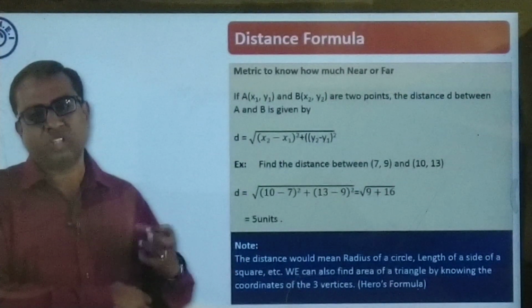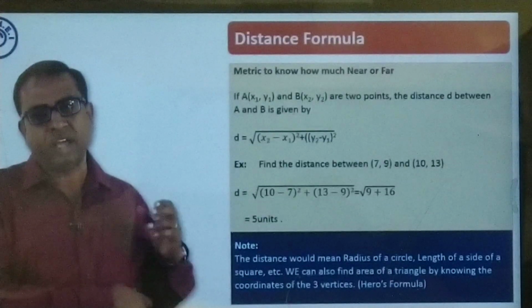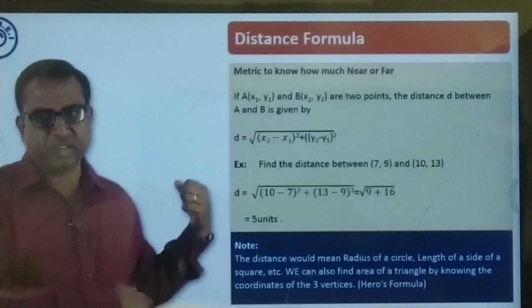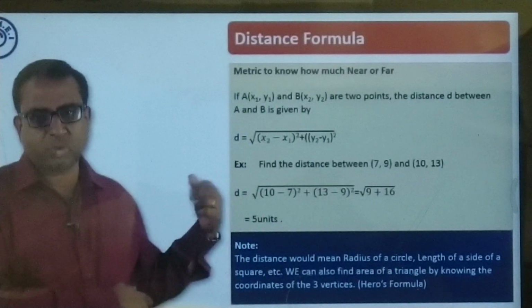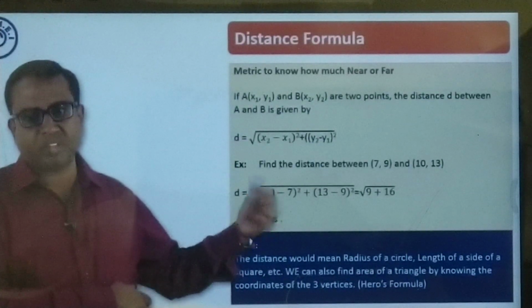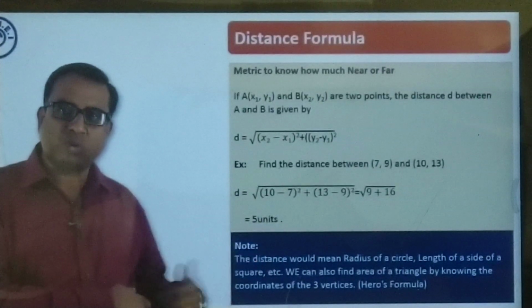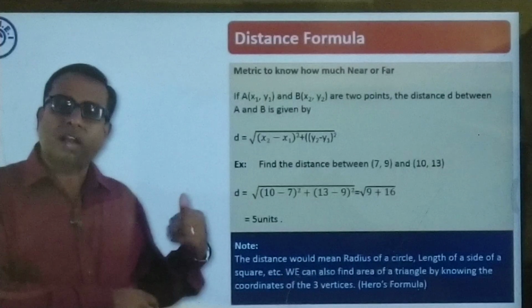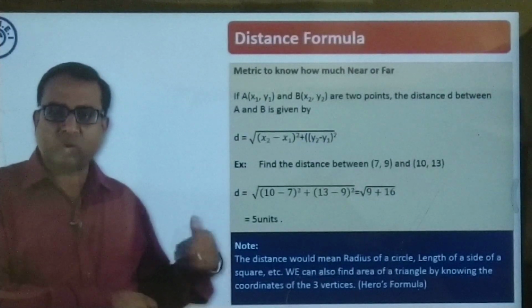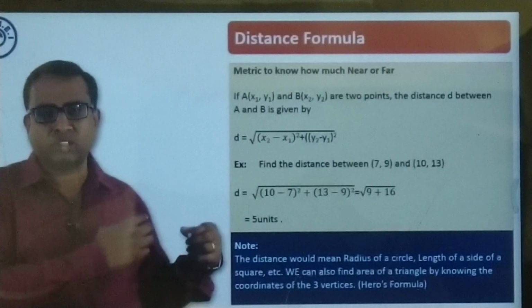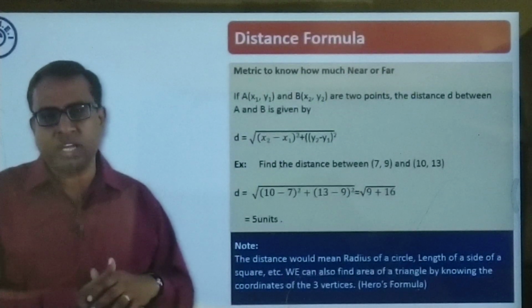We just have to plug these numbers into the formula. (x2 minus x1) the square: so you have (10 minus 7) the square plus (13 minus 9) the square. 10 minus 7 is 3. So 3 square plus 4 square is 9 plus 16, which is 25. The square root of 25 is 5. This means the distance between the 2 points is 5 units.